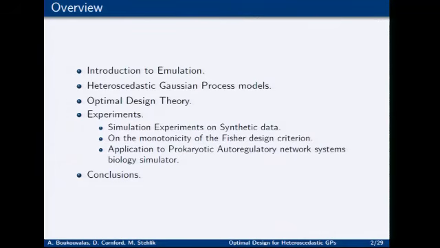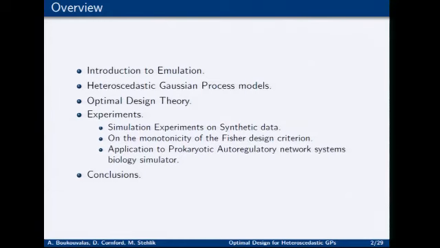So the overview of this talk: I'll set up the context where this work is taking place. I'll describe what heteroscedastic means and what these Gaussian process models are, what choices we have made. And then I'll talk about how we do design for this type of models. And then I'll have a set of simulation experiments to demonstrate certain aspects of these models.